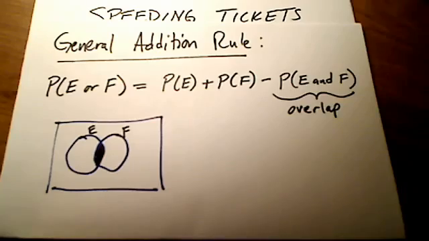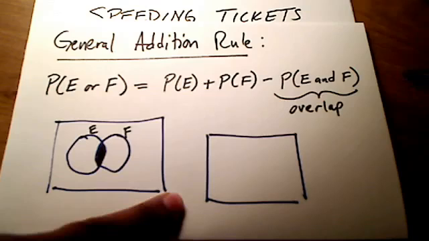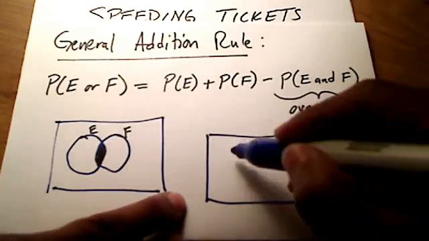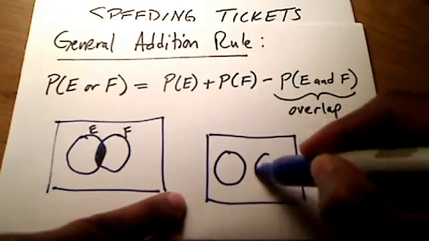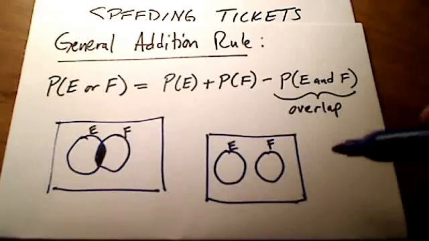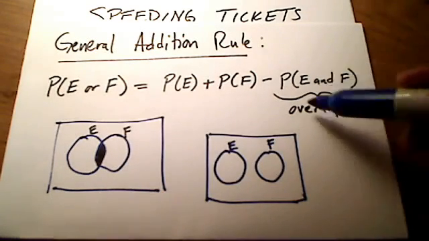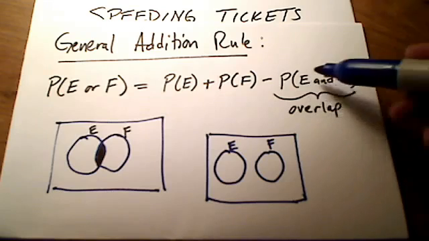Real quickly here, if E and F are mutually exclusive, what one author calls disjoint, then this is the picture. Here's the Venn diagram, here's E and here's F. Since they don't overlap at all, this probability right here, the probability of E and F, would just be a 0.